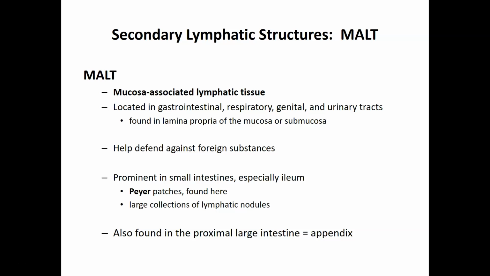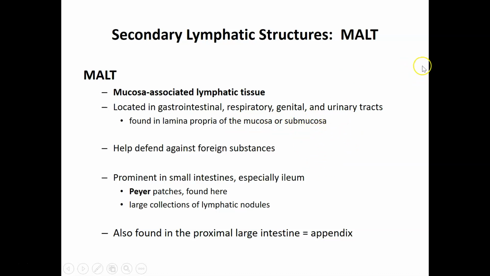Probably the most common and most well known are in the digestive tract. And those are called the Peyer's patches. So they are lymphatic nodules that are basically embedded in the lamina propria of the mucosal layer or in the submucosal layer.